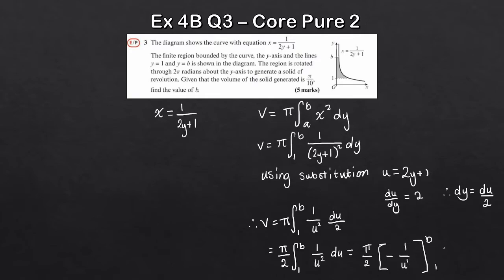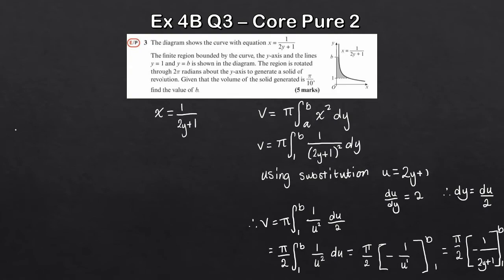Okay, once we substitute back our u, that will be pi over 2 times minus 1 over 2b plus 1 between 1 and b. So this is the result of the integral. All I need to do here is sub this in, and we know this is equal to pi over 10.